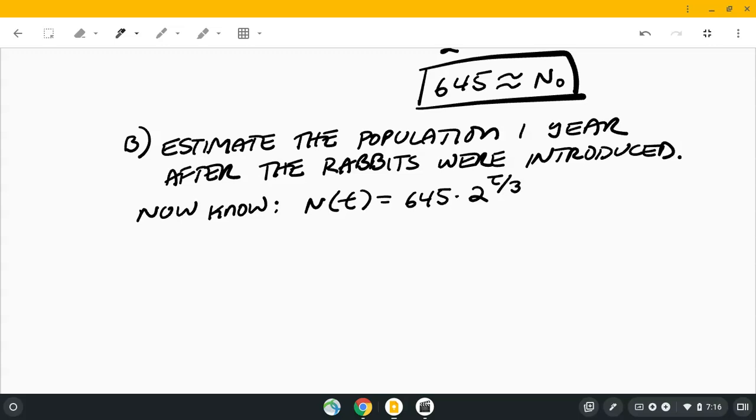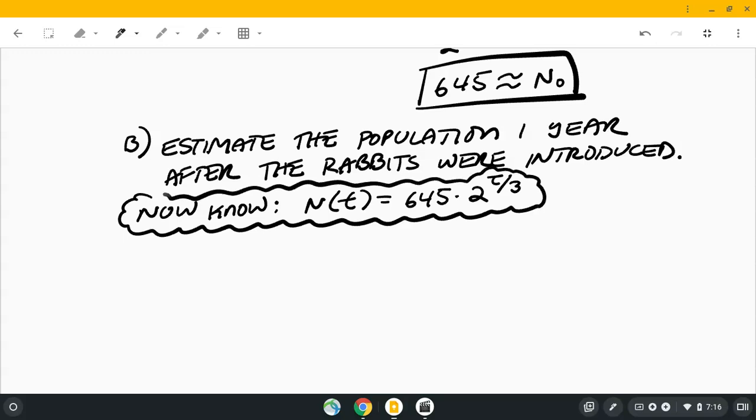We have our function. Now I can use it to figure out how much there were a year after they introduced the rabbits. So N of 1 equals 645 times 2 to the 1 over 3.